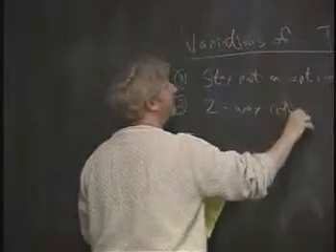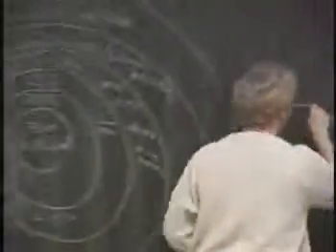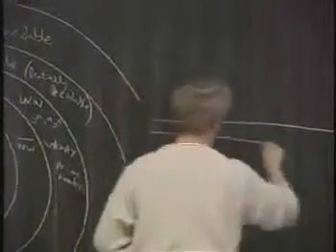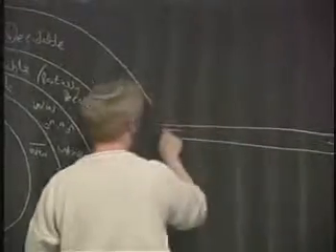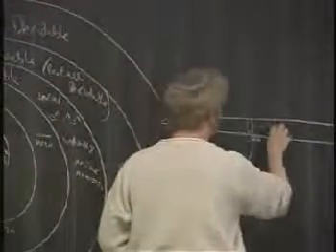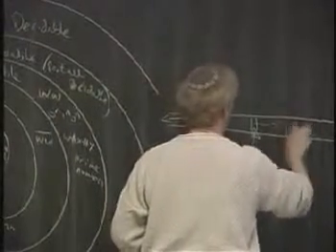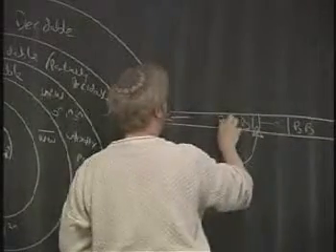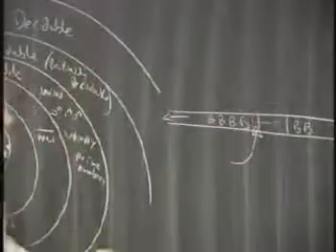two-way infinity. Now the tape looks like this. And the head starts anywhere in the middle. And the input string goes this way. There's blanks on either side of the input.